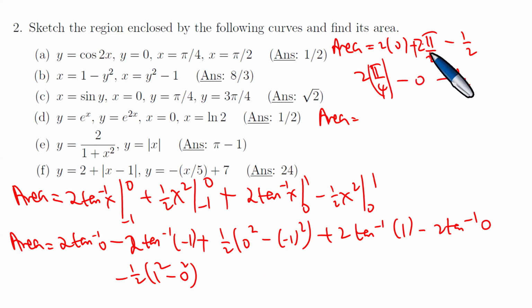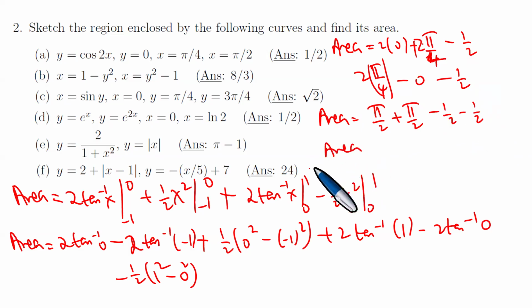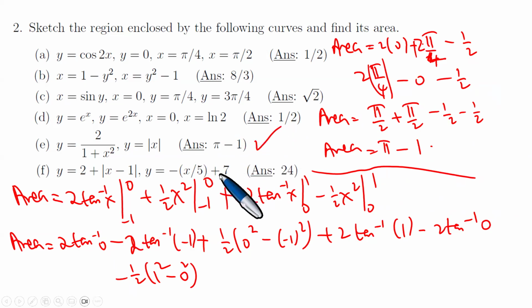Even this one is pi over 4, so that we have pi over 2 minus half, and the area becomes pi over 2, which is actually pi minus 1, like that, which is this. So think about it and check this out. But we found the answer to be the area, which is pi minus 1.